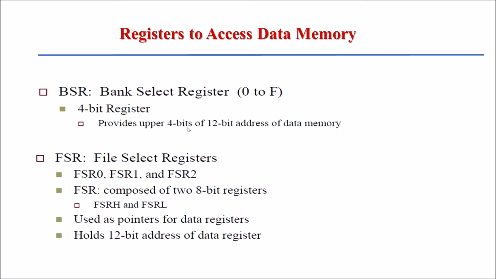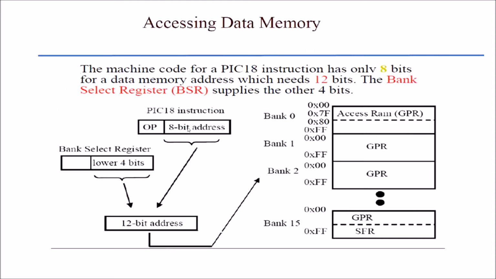And the second method, for indirect addressing mode, file select registers, FSR registers, are used to point to data memory. So FSR0, FSR1 and FSR2 registers are available, and each FSR is composed of two 8-bit registers, FSRH and FSRL. These registers are used to point to this data memory, and these are used to hold the 12-bit address of the data register.